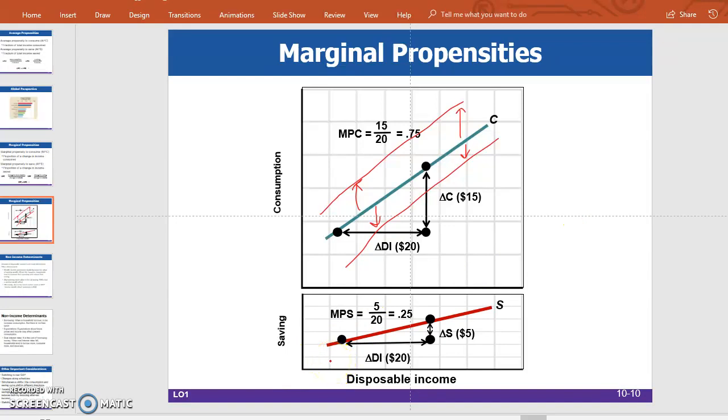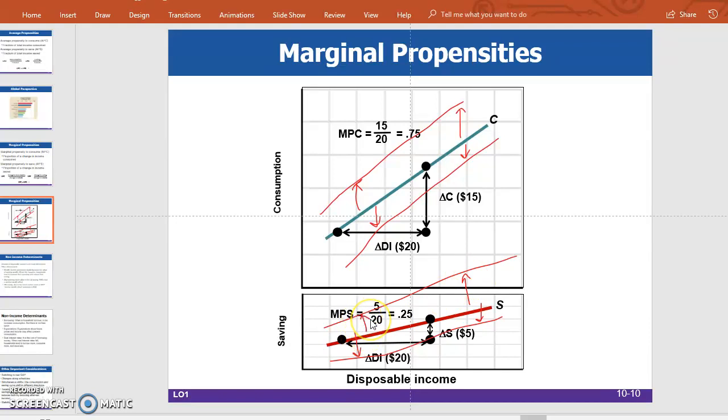That is how it works. If people consume more out of their income, then they have less money left over to consume. So their savings will decrease. And on the other hand, if their consumption decreases, they will have more money left over for savings. So in that case, their savings will what?